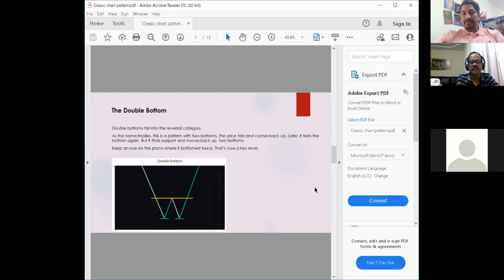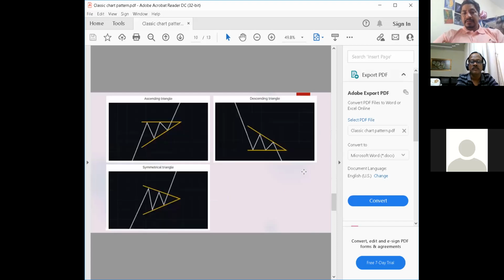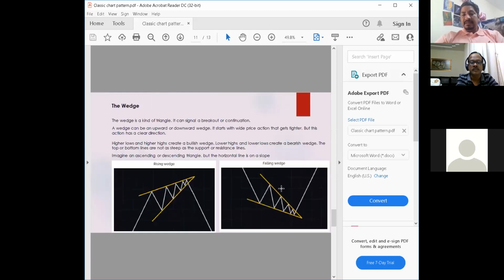So this is a double top, a double bottom, that's a W, head and shoulder and reverse head and shoulder. This is what we are looking at right now, reverse head and shoulder, in the example of Dr. Saab. Then there is an ascending triangle and descending triangle that I will further show you today. This is the pattern I am talking about, wedge.